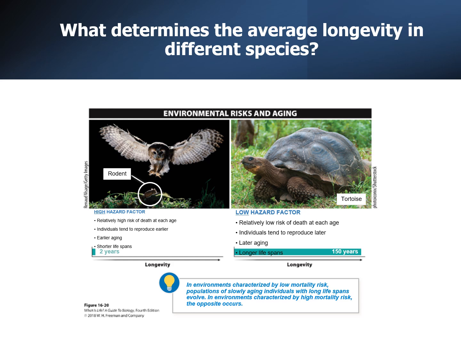On the other end of the spectrum, we have low hazard factors, and we have the example of a tortoise. These guys are going to age very slowly. They're very low risk of dying. They usually get larger in some capacity, can be larger animals.